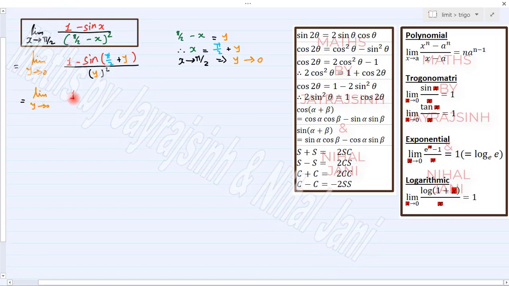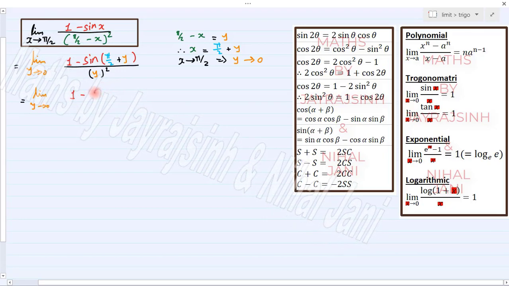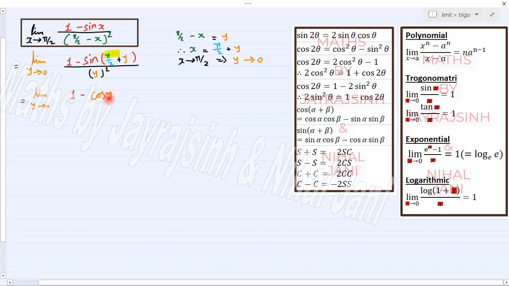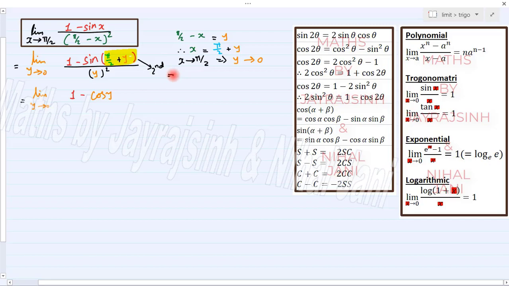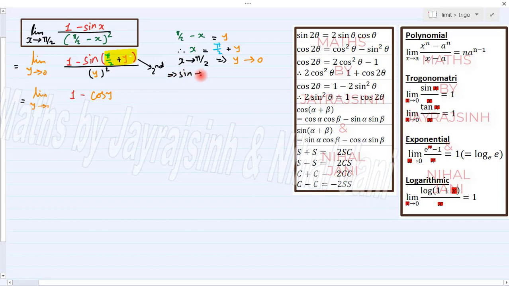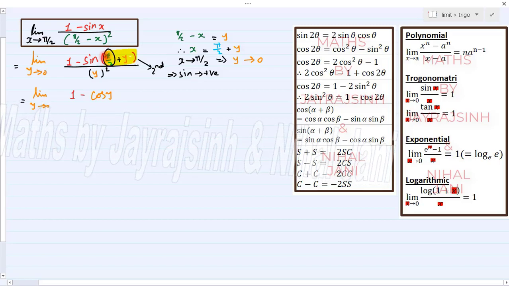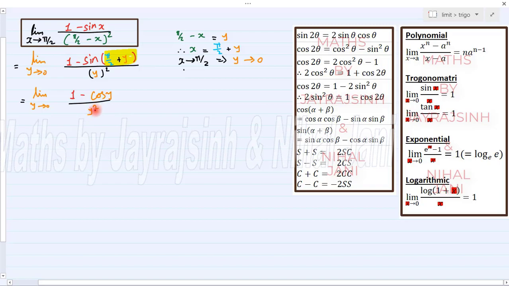In numerator, 1 minus sin (pi by 2 plus y) will become 1 minus cos y, because your angle is pi by 2 plus y, which is in second quadrant, and in second quadrant sine is positive, and due to this pi by 2 we have to change the function also. Upon y square will be as it is.